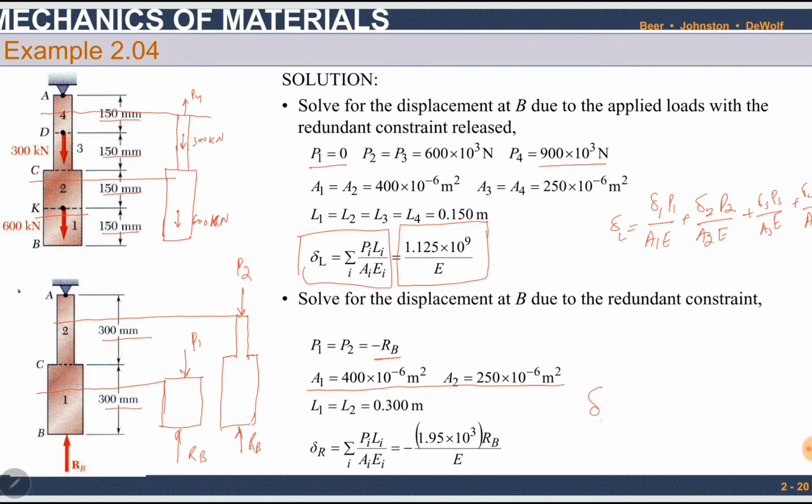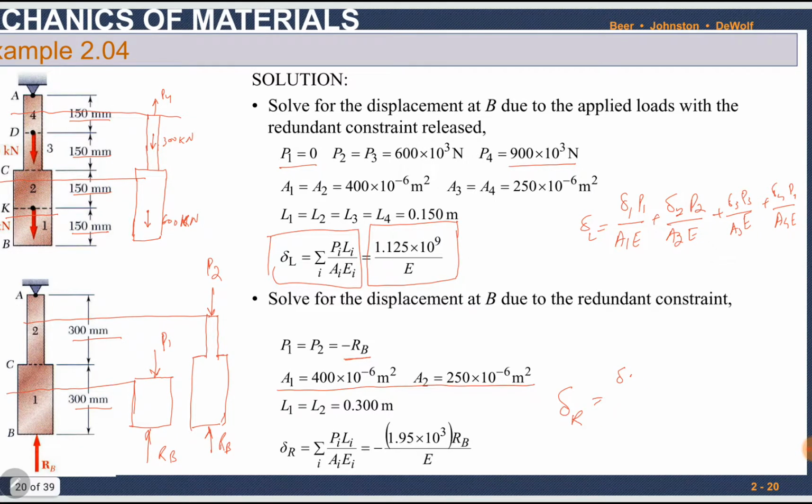It's this part to find delta R, which is equal to, the previous one, this is not delta. Here is L. L1, L2, L3 and L4. Okay.